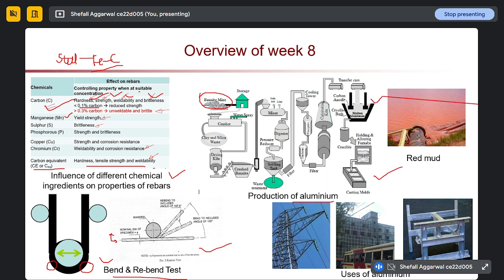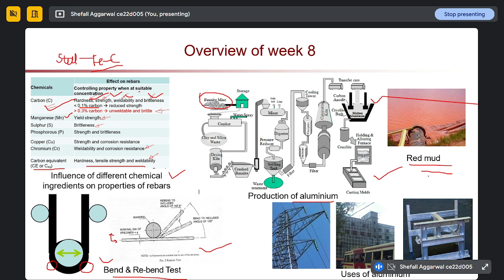Okay, sorry. The production of aluminum from bauxite will have a waste material called red mud. This red mud has a very high pH and it is very dangerous. So there should be some measures which can be taken to reuse or recycle this red mud in any industry.